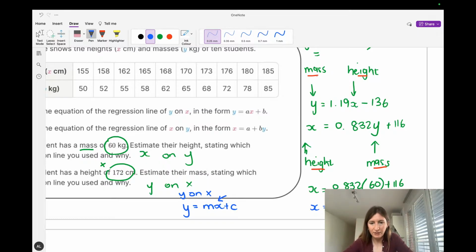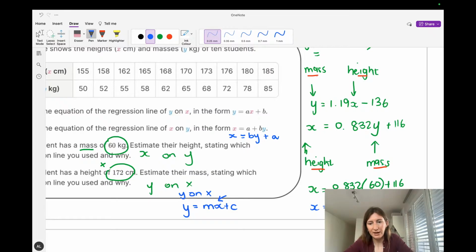So whichever one, it doesn't really matter if it's called m or a. Here they're calling it a plus by. That's the same as saying by plus a. We usually put the gradient times the variable first, plus, so these are the same thing, just switched the other way. Whatever is attached to your variable of y or x is always your gradient.